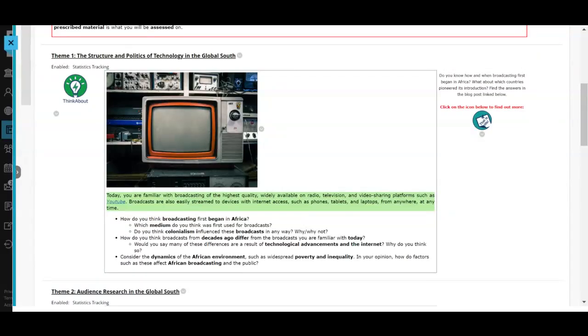When we look at when broadcasting began in Africa, when we talk about broadcasting in the past, we are looking at radio, and then much later TV, and in different parts of the world, different access. I don't know if you guys have been doing some research into this, comparing us to other countries and when broadcasting actually began in Africa. What were you guys able to find out?